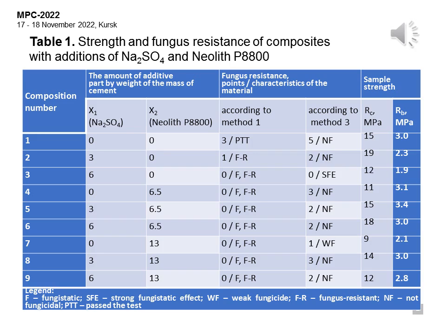To achieve the goal of the work, it was necessary to solve the following tasks: to make samples of the control composition and with modifying additives, determine experimentally the compressive and bending strengths of samples of cement composites, determine the biostability of composites in natural and aggressive biological environments, suggest an approach to optimize the composition of cement composites and identify the content of additives, which increases their consumer properties and reduces the compressive and bending strengths slightly.